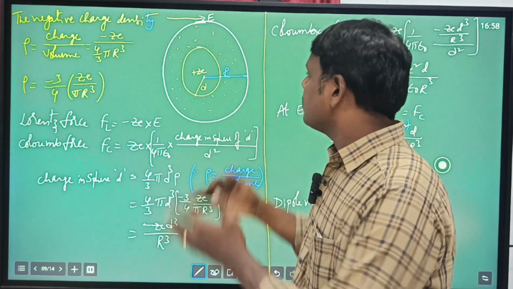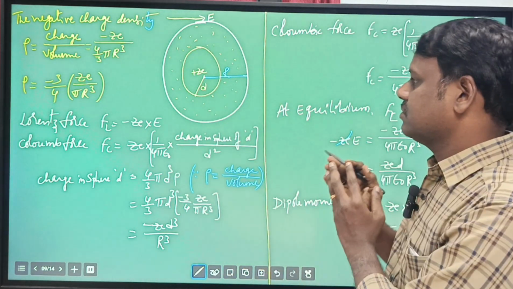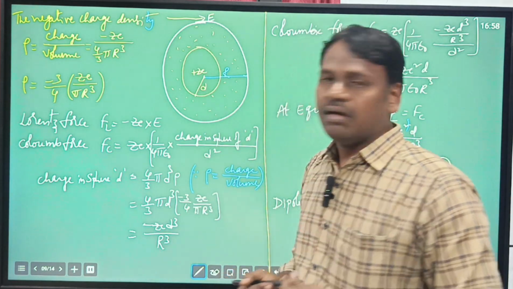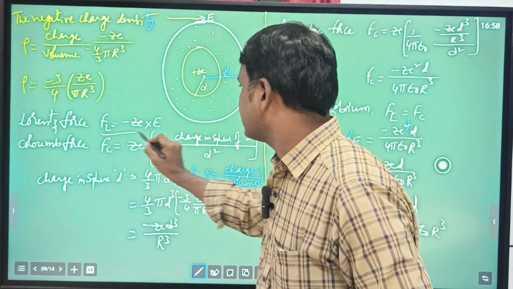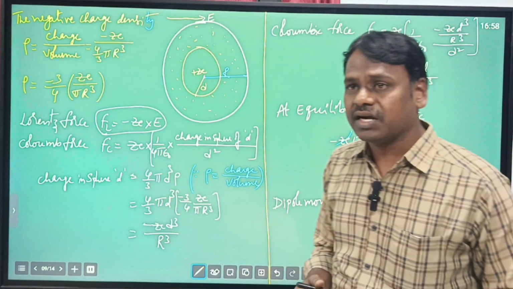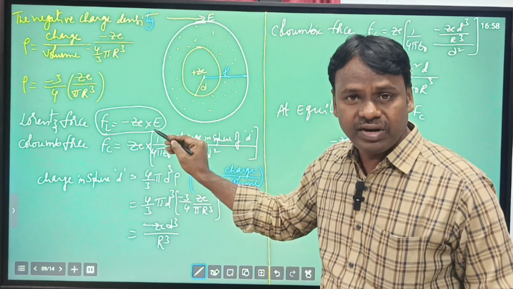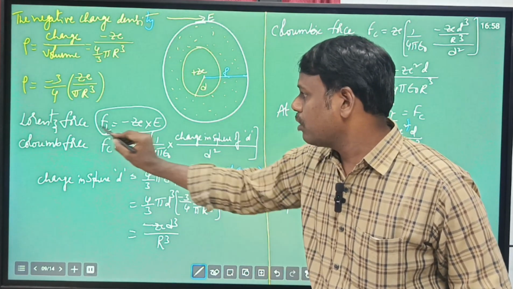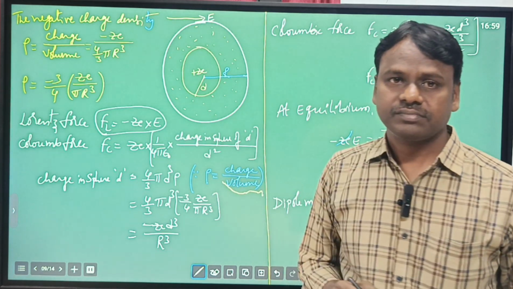So because of the Lorentz force, the atom is deformed, and we can write the expression for the Lorentz force. The Lorentz force Fl is equal to Ze into E, that means the charge of the electron cloud, minus Ze, into the applied electric field intensity E. So Fl is equal to minus Ze into E.